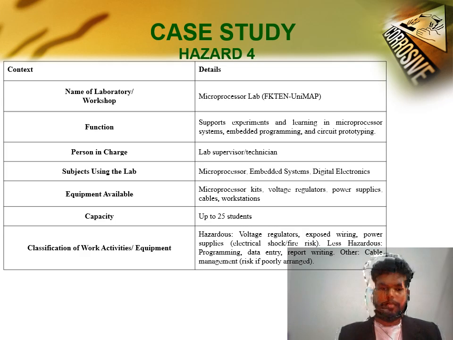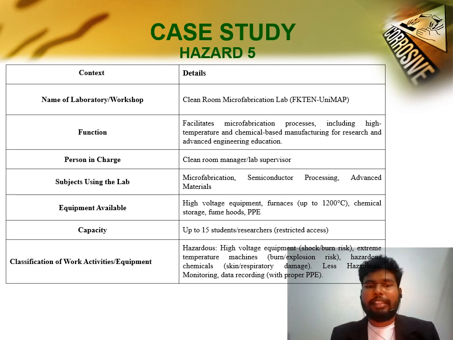Next is hazard 4, which is the Microprocessor Lab from FKTEN, for microprocessor systems and embedded programming using computers. It can fit up to 25 students. The last one is the Clean Room Microfabrication Lab from FKTEN, a facility in UniMAP used for microfabrication as well as fault analysis training.